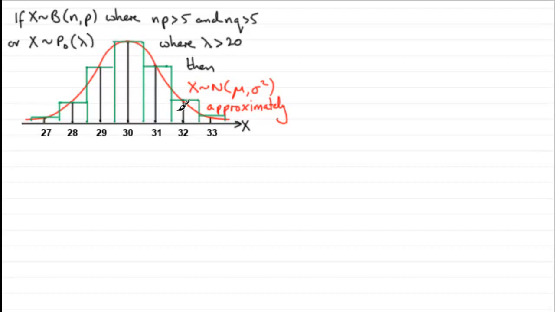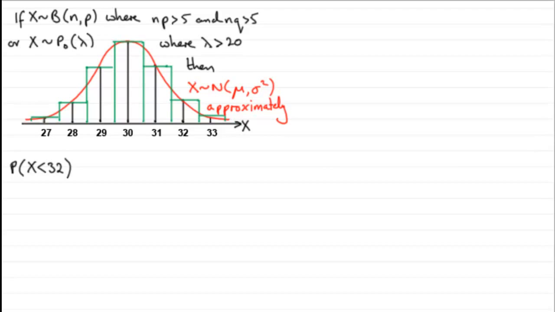Now when it comes to working out a probability, let's just for instance say we look at the probability of x being less than, say, 32 for maybe a binomial or a Poisson distribution. It doesn't really matter. But let's say then we've got to work out the probability that x is less than 32. Now if we're approximating it to the normal, then what we do is imagine this.